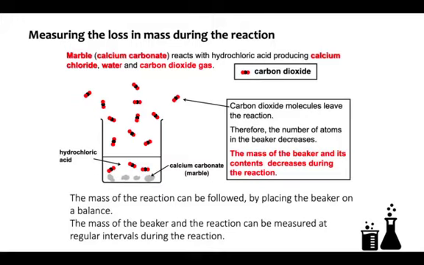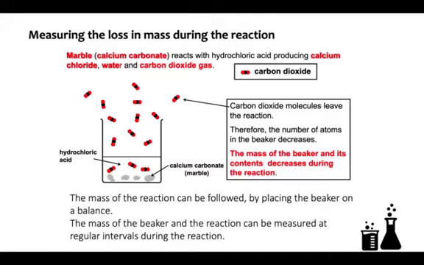Okay, and this is obviously because the carbon dioxide that's being made in the reaction is being lost to the atmosphere. So therefore, the mass overall of the reaction mixture and the products is lowering, because you're not containing the CO2 that is being made.